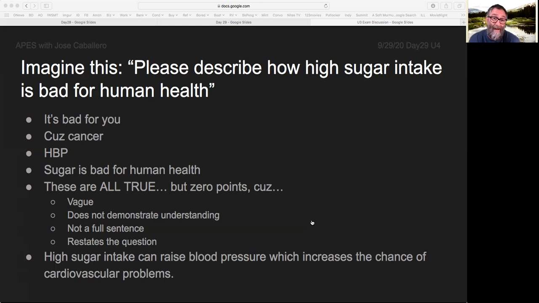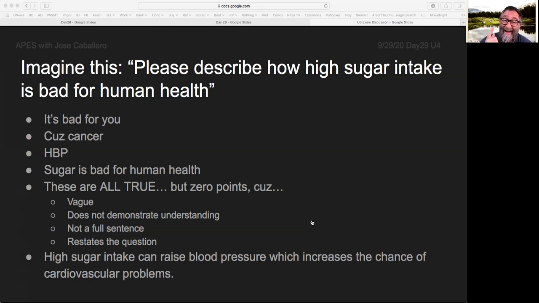We're looking for the depth of your understanding, so you need to demonstrate that. Don't be vague. Don't just mumble a word. Make sure that you use full sentences. And please don't restate the question. You're just wasting your time, wasting my time. I don't need to read that. You could say high sugar intake can raise blood pressure, which increases the chance of cardiovascular problems.